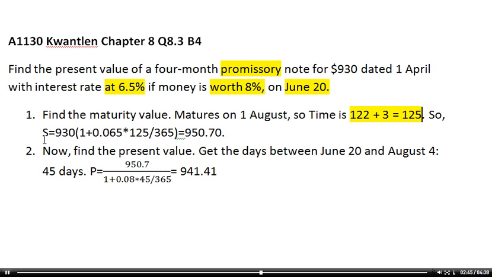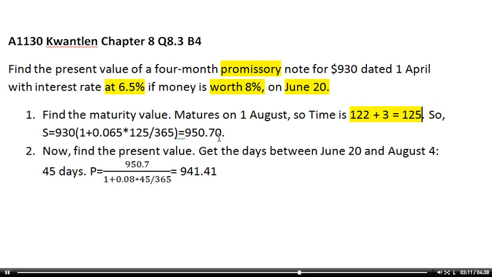This gives us a future value equation, S equals P, so our principal, 930, and then the interest we calculate as a normal, 1 plus RT, there's 1 plus R, 0.065, then the rate, the time, and the time is 125 over 365.